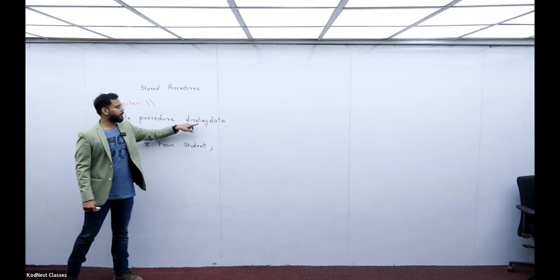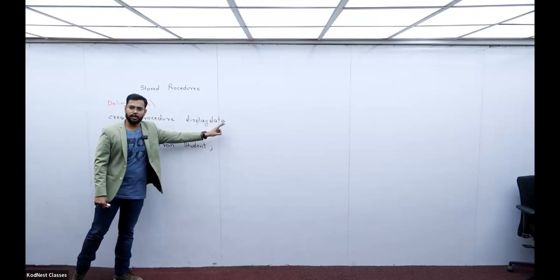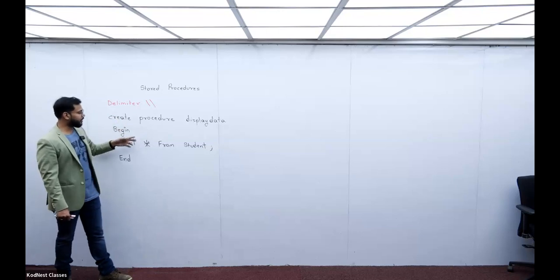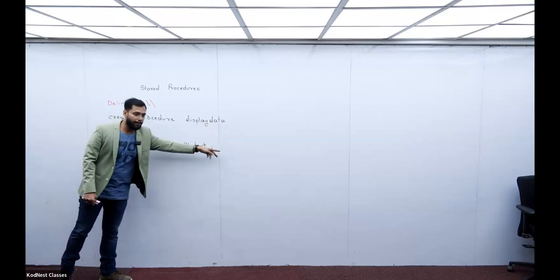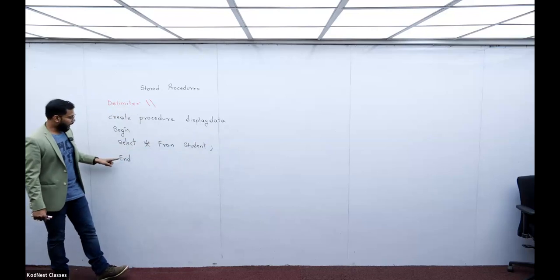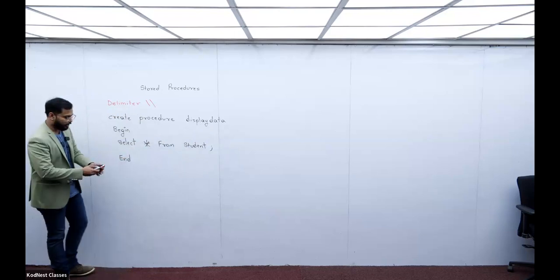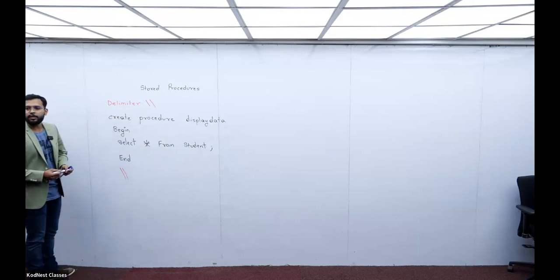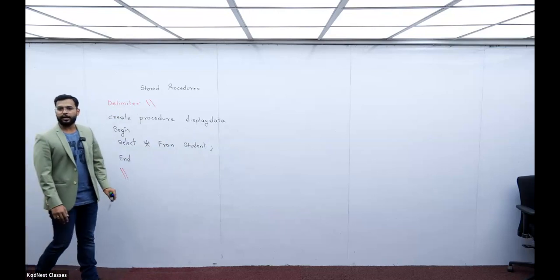Read it: create procedure display data, double slash is not there, continue. Begin, double slash is not there, continue. Select star from student, semicolon, double slash is not there, continue. And end, double slash is not there, continue. And then in the last I will put double slash. What does it mean? Now this query has to end.